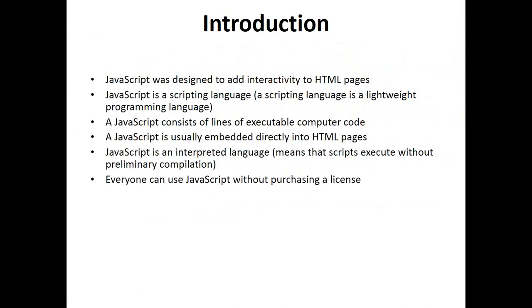So what is JavaScript? JavaScript is a scripting language. Scripting language means we won't write much business logic; just if you click on something, what should happen, if you click on the save button, what should happen. It is event based. JavaScript is the same as any program, having line-by-line executable code.